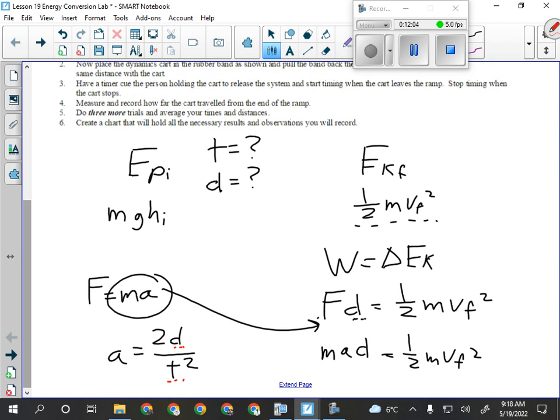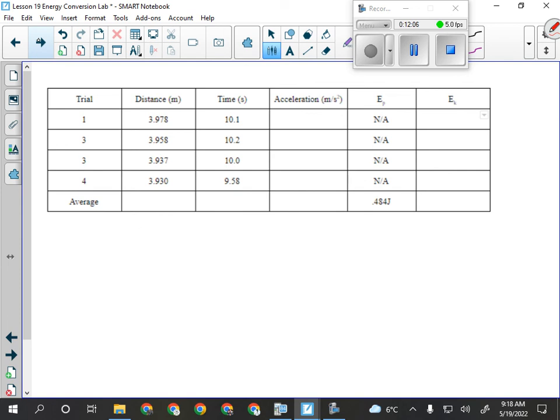So this is some sample data from another time. These were the numbers that I got. It traveled for about 10 seconds each time, and about 4 meters each time. You're going to do 4 trials, same height. We're not trying to compare different amounts of potential energy.